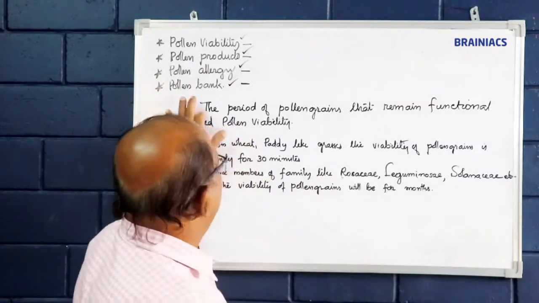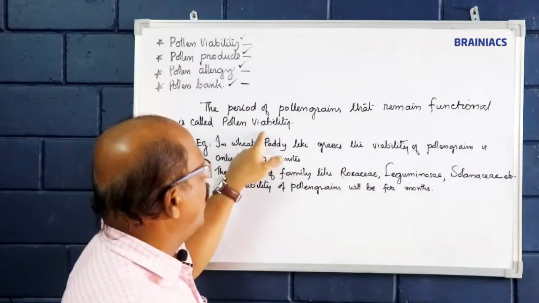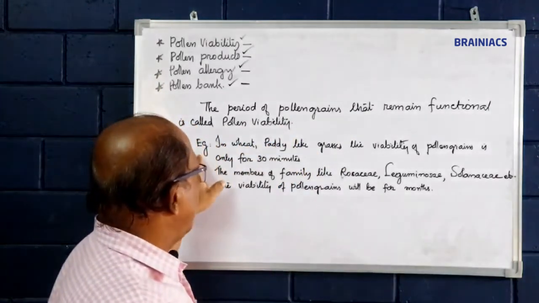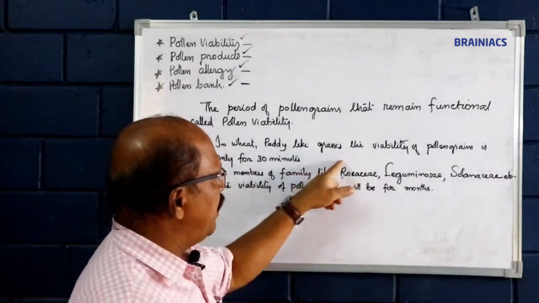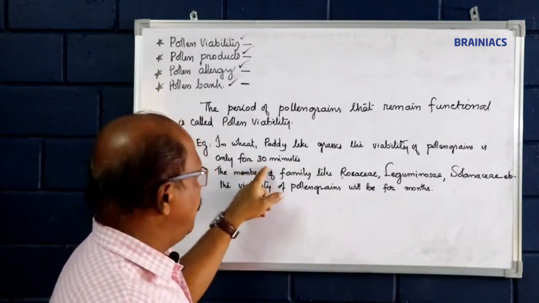See, the period of pollen grains that remain functional is called pollen viability. Example, in wheat, paddy, and grasses, the viability of pollen grain is only for 30 minutes.